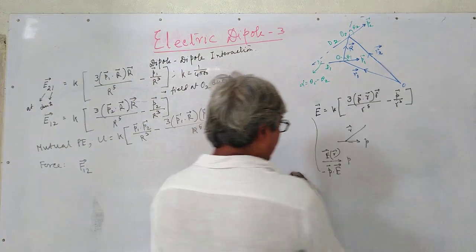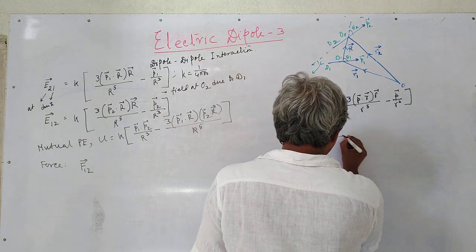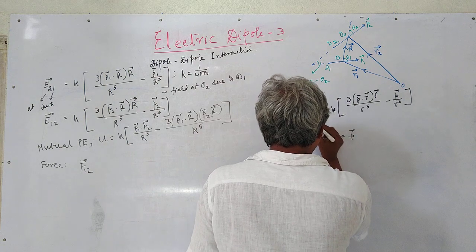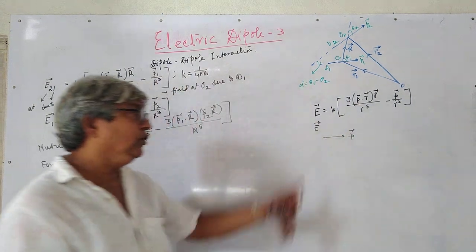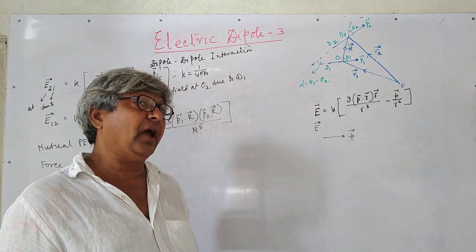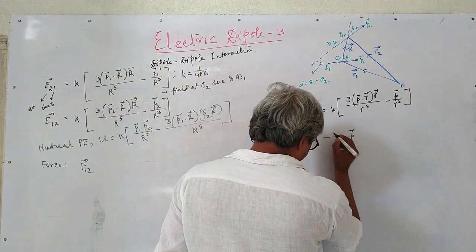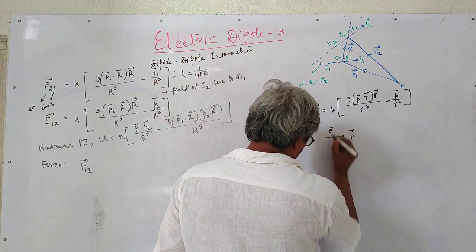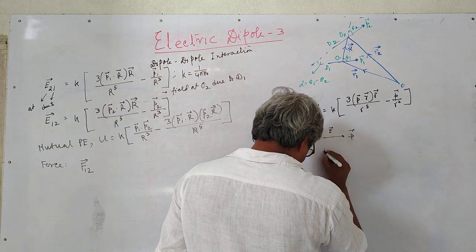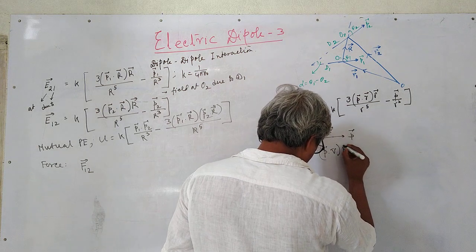Let us recall what happens when a dipole of moment P is placed in an electric field. If the electric field happens to be uniform, no net translatory force acts on the dipole. If the field happens to be non-uniform, and if E is the field at the center of the dipole, then the force that acts on the dipole is this.